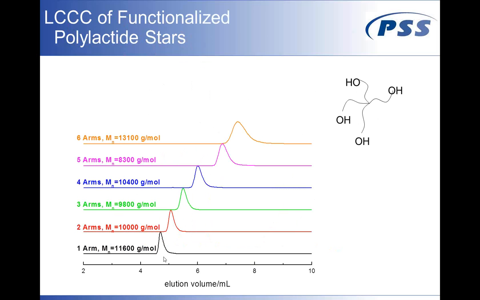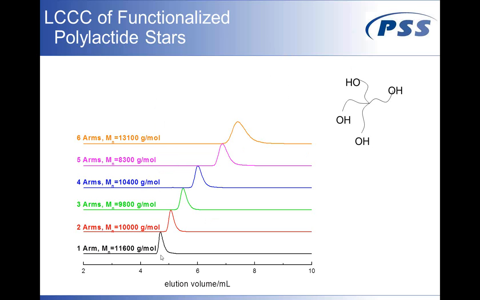What has been done first in this investigation, which has been performed in the group of Harald Pasch, is that the critical conditions have been established for polylactides, meaning without any end group, and under these conditions, a linear polylactide has no effect of molar mass. All linear polymer chains have eluted at the same elution volume, as has this one-arm star, for example, because the end groups do not contribute under these conditions.